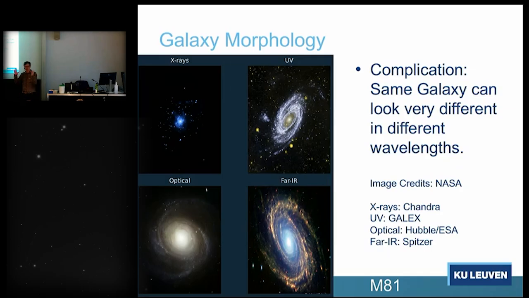That's where we have the gas present. That's where we have the young, massive hot stars that shine more in the ultraviolet. In the high energy X-rays, we just have some emission from the central parts, likely associated with a supernova that has gone off or with some outflows.